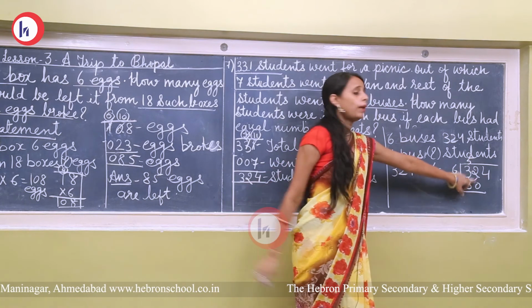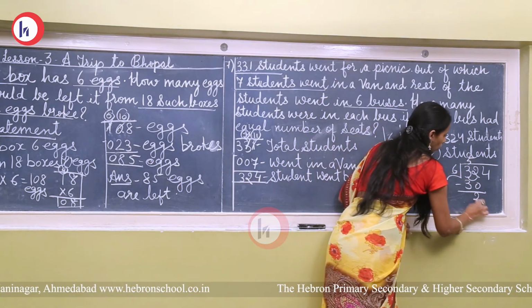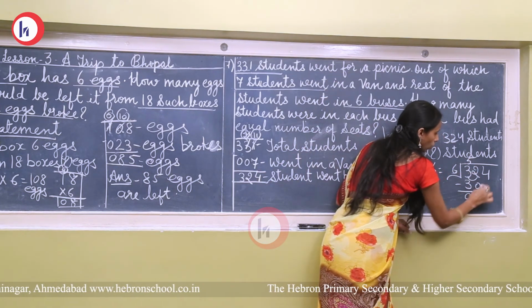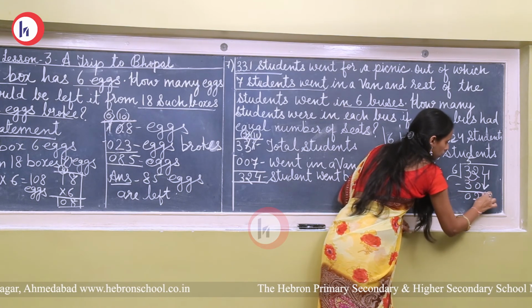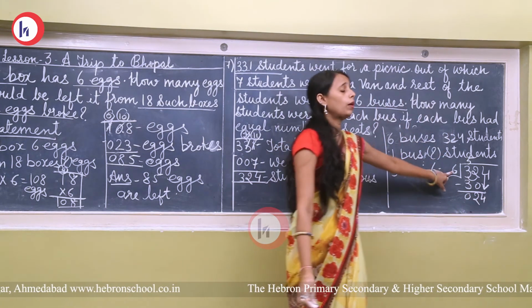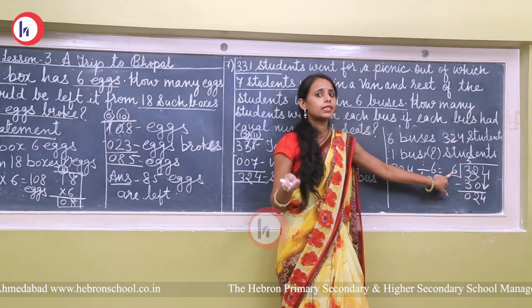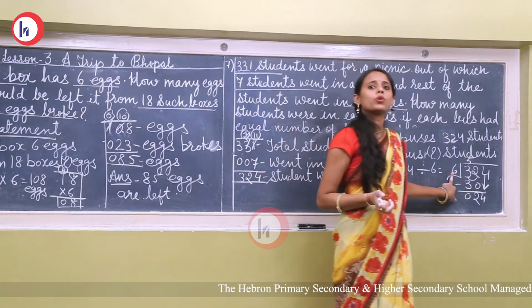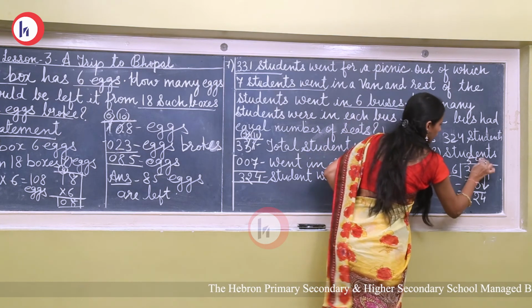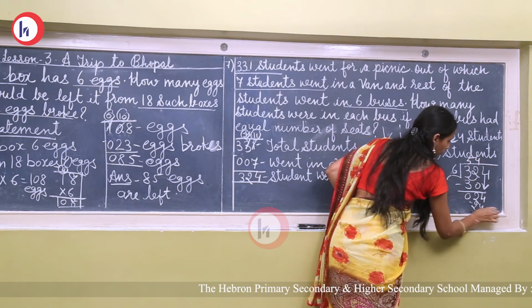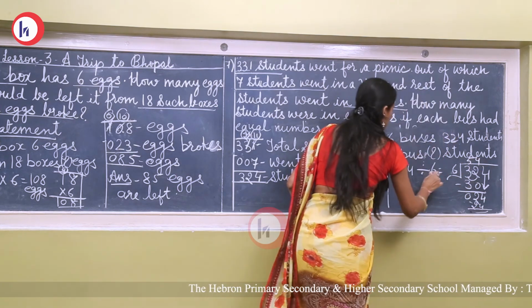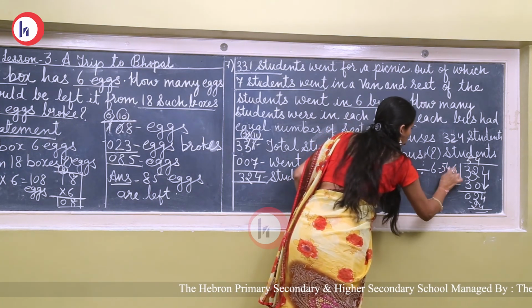Okay. 2 minus 0, 0. Now 3 minus 3, 0. And this number will come down. Now take the table of 6. 6 1s are 6, 6 2s are 12, 6 3s are 18 and 6 4s are 24. So answer is 54.